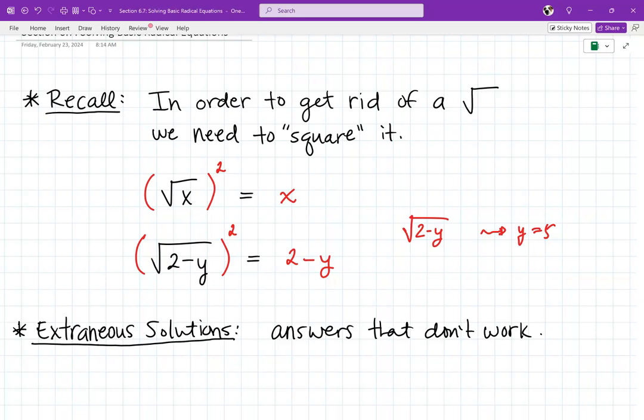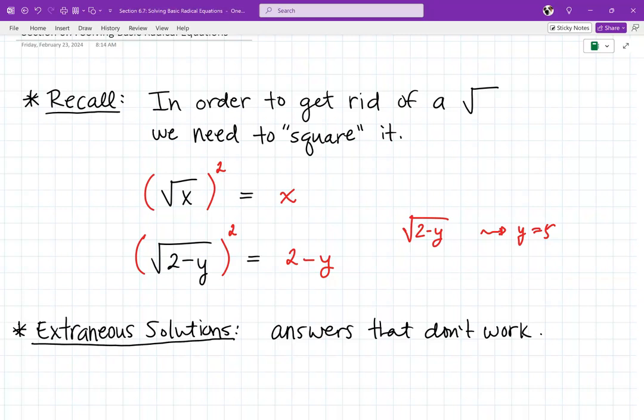Can I have a negative inside of a square root? No, so that means that's an extraneous solution. It doesn't work. So the only bad side about today's lesson and Monday's lesson is you have to check to make sure that your answer makes sense.